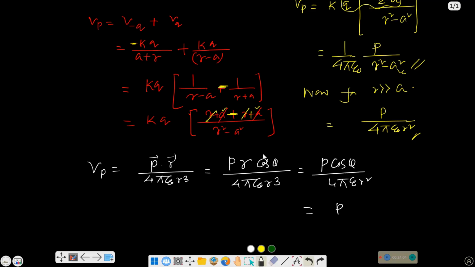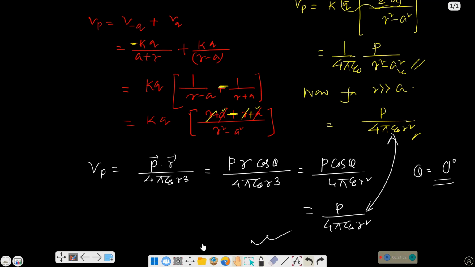Now on the axial point theta is equal to 0 degrees because the position vector of the field point, the potential point, is parallel to the dipole moment vector. So p cos 0 degrees is 1, so p by 4 pi epsilon naught r square. So this will be the same case.